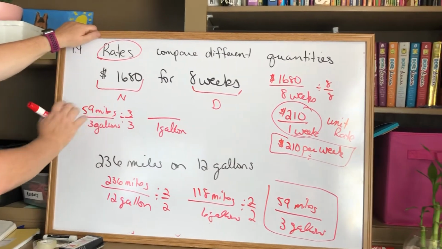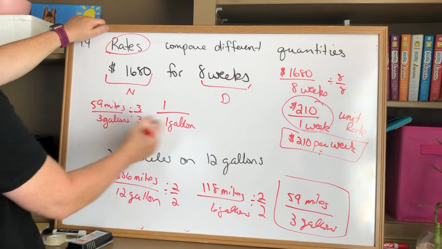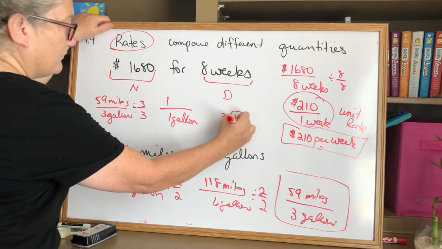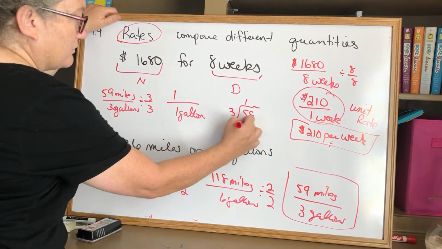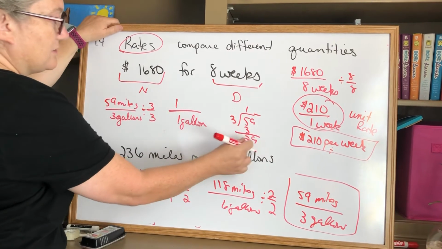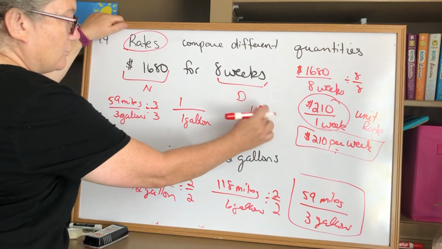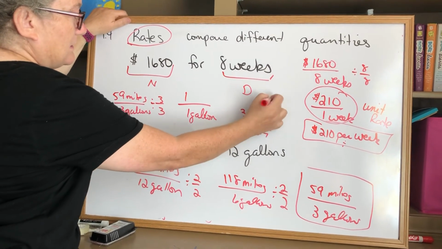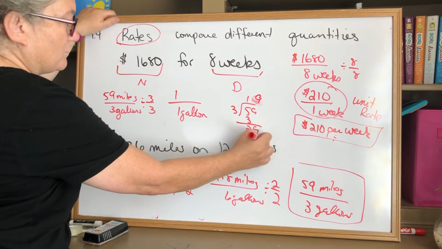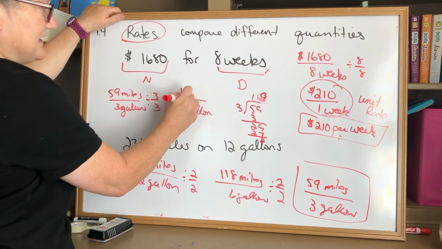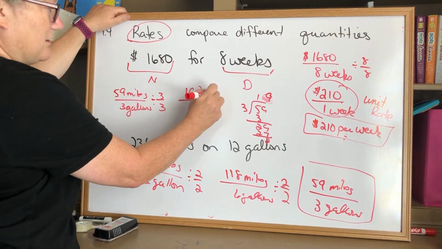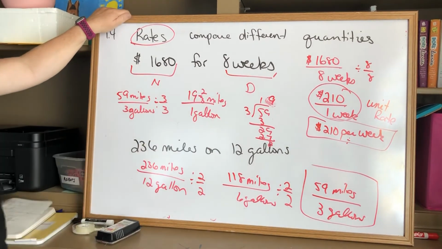Let's just come over here and go 3 into 59. 3 goes into 5 one time, 3 goes into 29, that'd be 8 times. Nope, 9 times. 9 times 3 is 27 with 2 left over. So that'd be 19 2/3 miles on 1 gallon of gas.